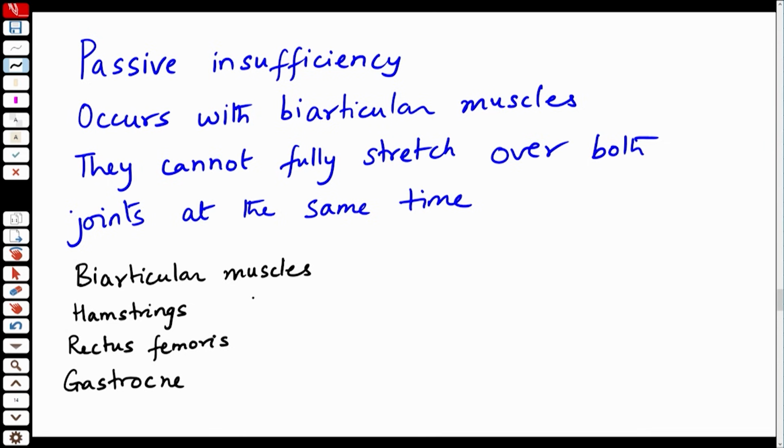These two cross the hip and the knee, the hamstrings and the rectus femoris. The gastrocnemius crosses the knee and the ankle.